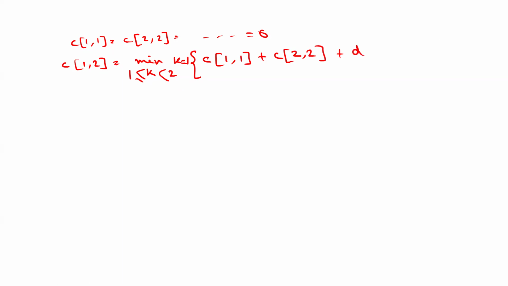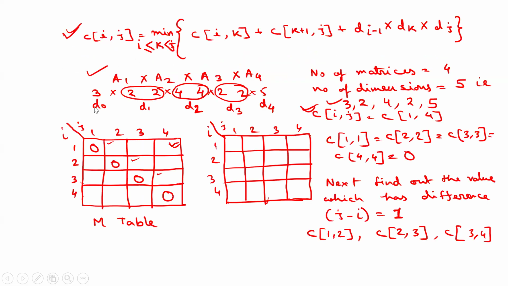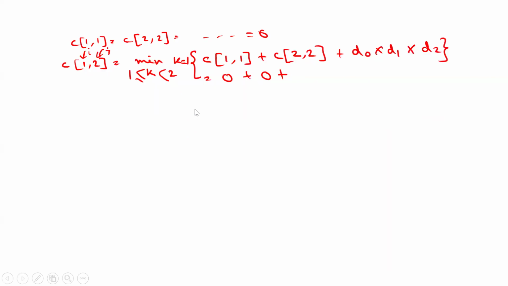Here i equals 1, so 1 minus 1 is 0, multiplied with dk, where k equals 1, multiplied with dj, where j equals 2. So C11 is 0, C22 is also 0, plus what is the value of d0, d1 and d2? d0 is 3, d1 is 2 and d2 is 4. 3, 2, 4.